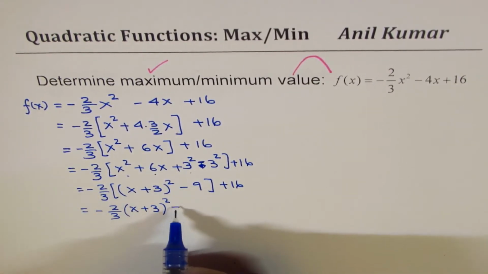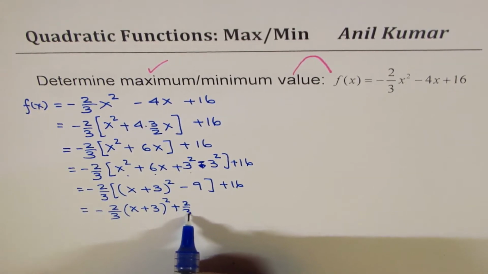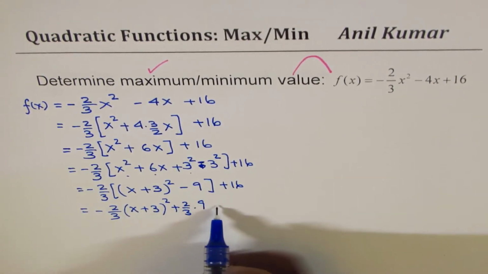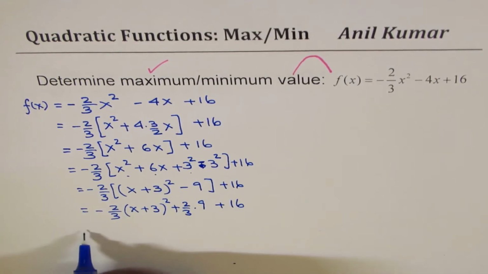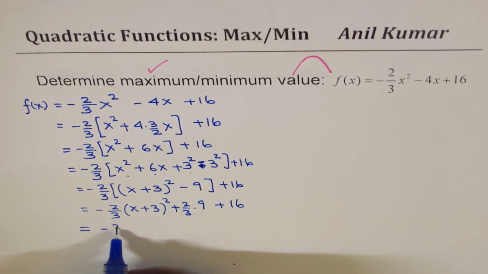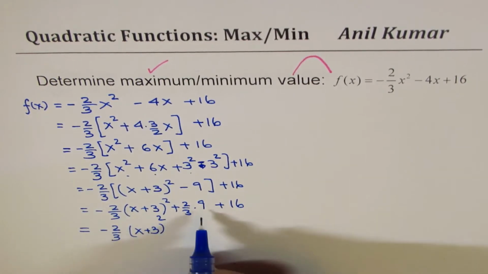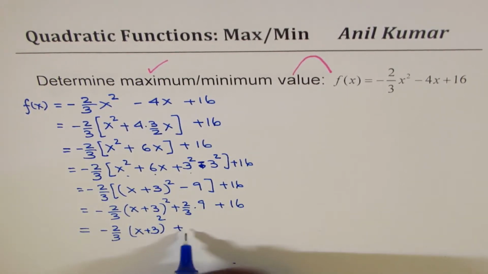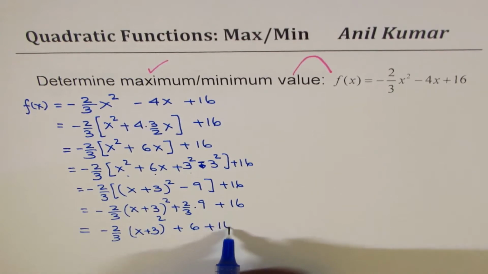Multiply, minus and minus becomes plus 2 over 3 times 9. And here we have plus 16. And that gives us minus 2 over 3 x plus 3 whole square, and that is 6 plus 16, correct?